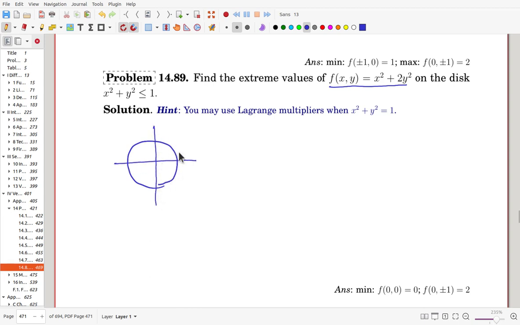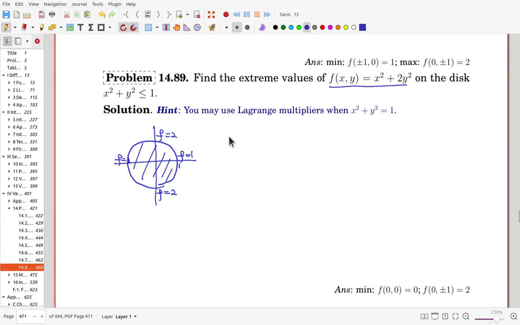At this point f is 1, again here f is 1 from the previous problem. Here f is 2 and f is 2. We have to find the extreme values inside, not only on the circle, but inside the circle.